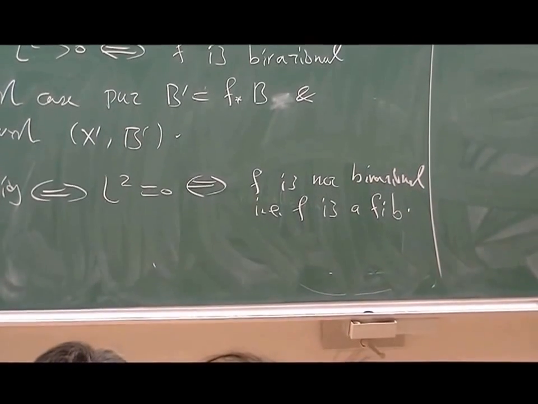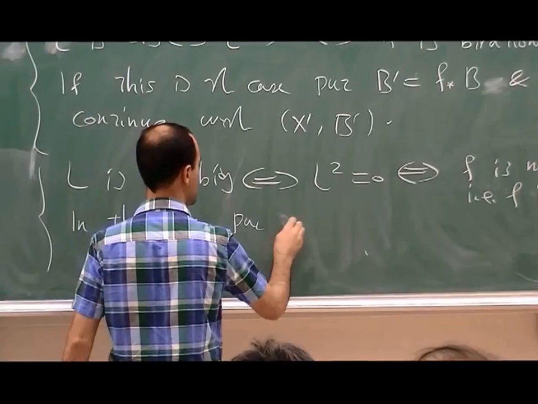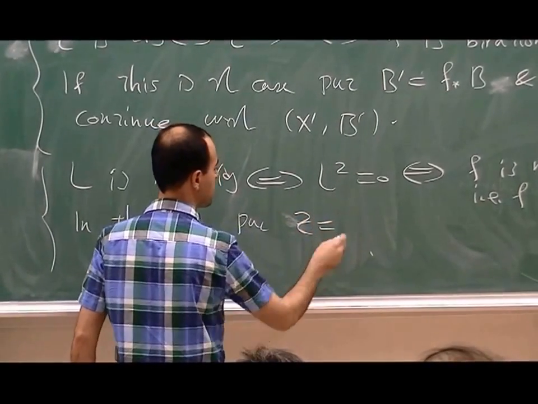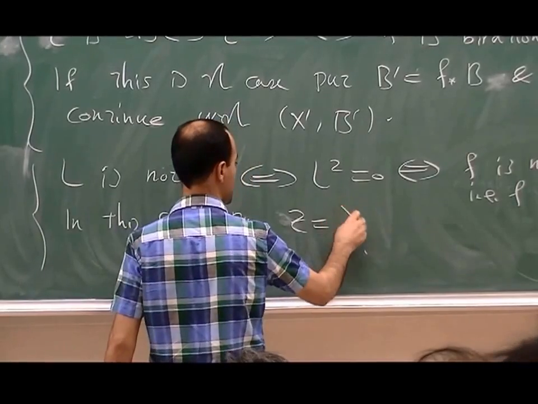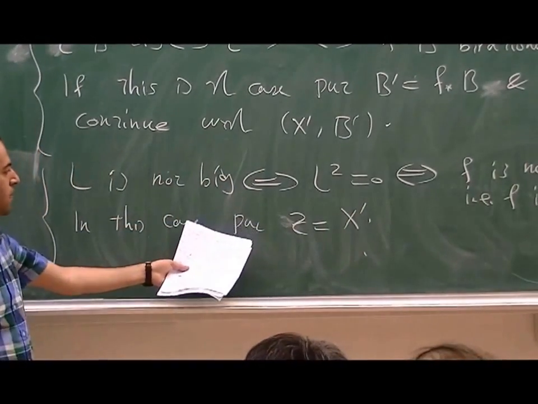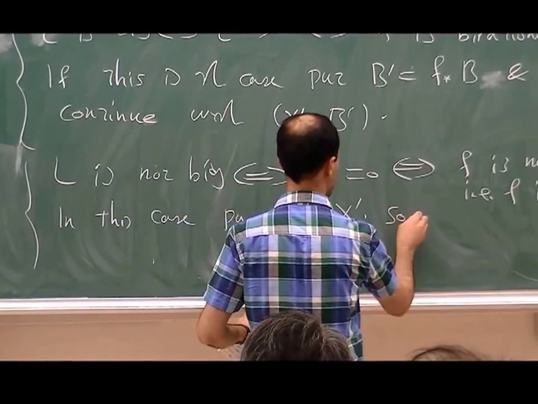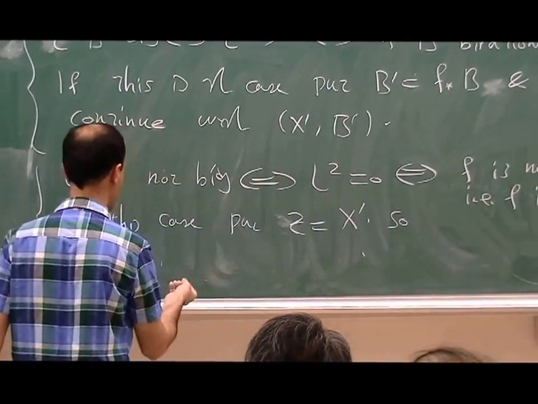Well, in this case, what I do is put Z to be equal to X prime, this is just a change of notation, it doesn't really do anything, so that you now have a fibration.